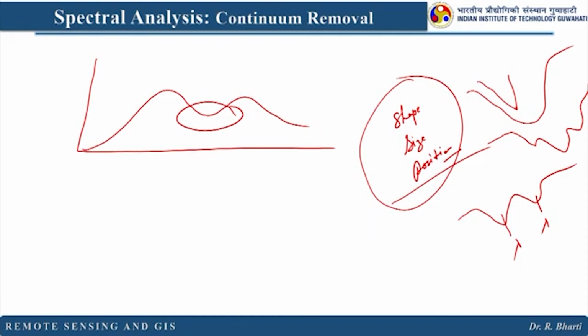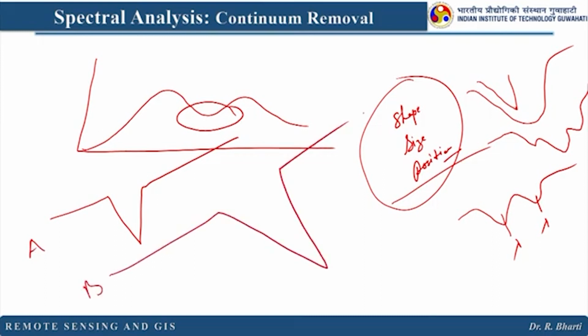Because as I said, let us say this is A, for B it is this one, which is relatively large, and for C it is this one.